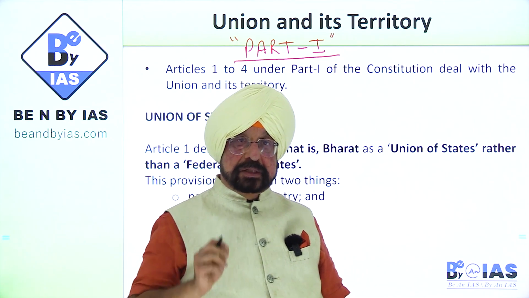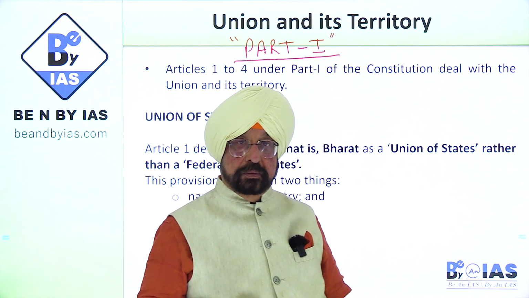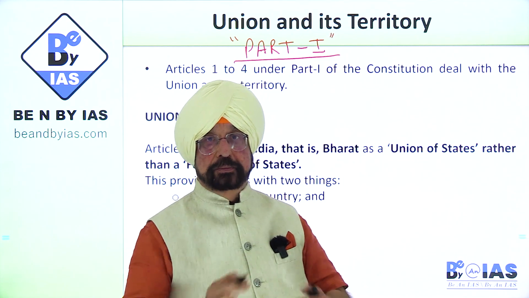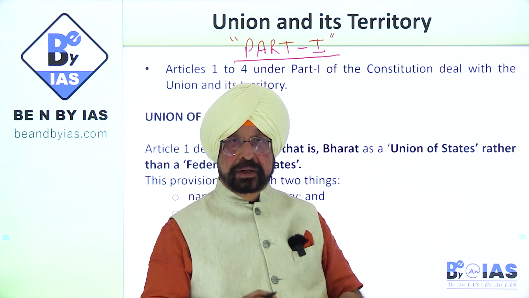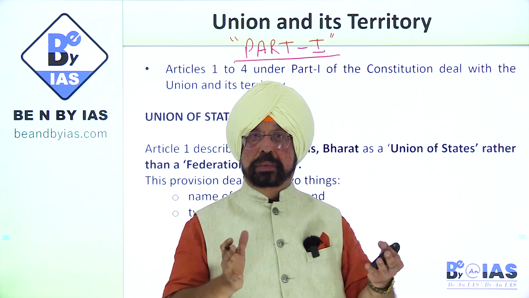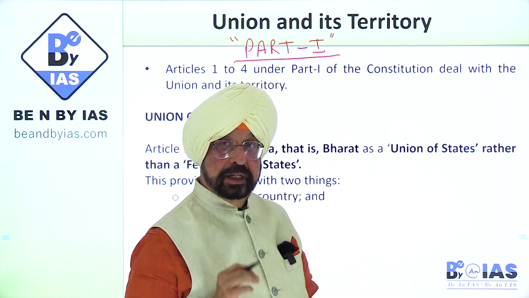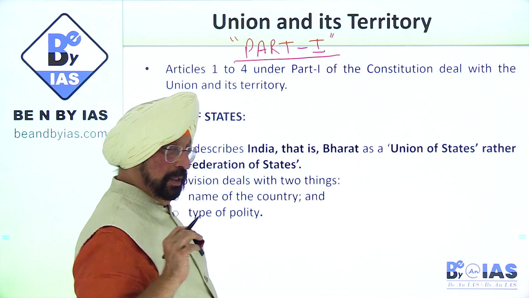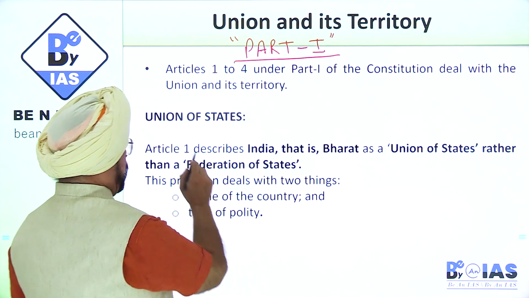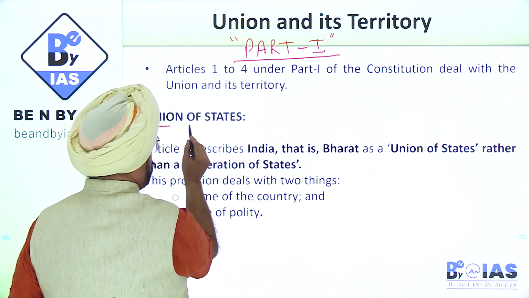Now, name itself indicates what kind of polity we are going to have. The name is reflecting too many meanings. Let us understand all those meanings in the simplest terms. It is called Union of States.